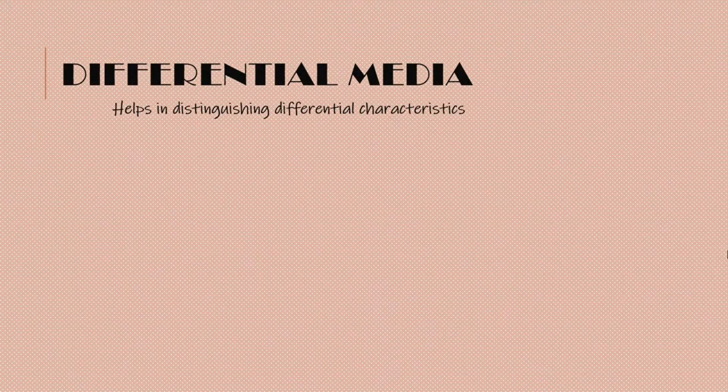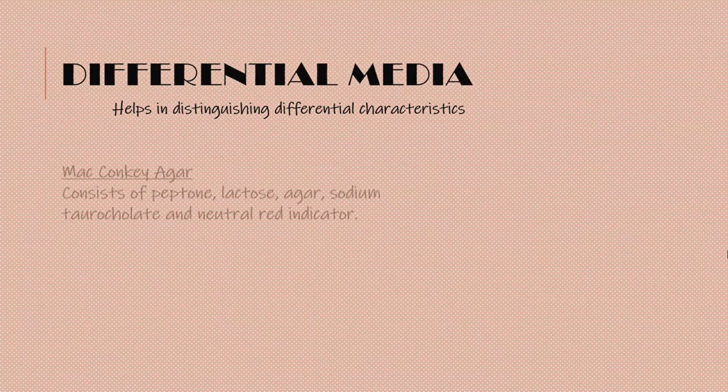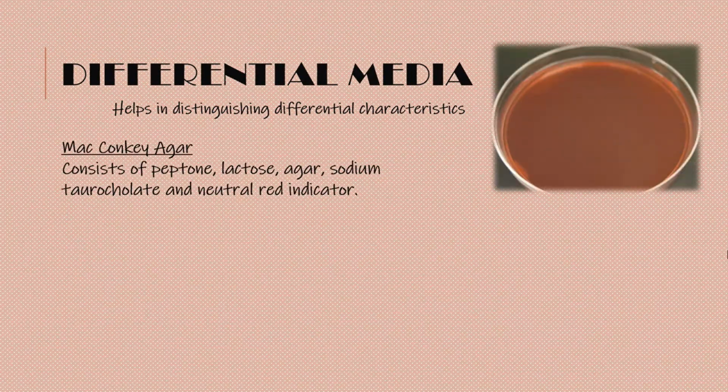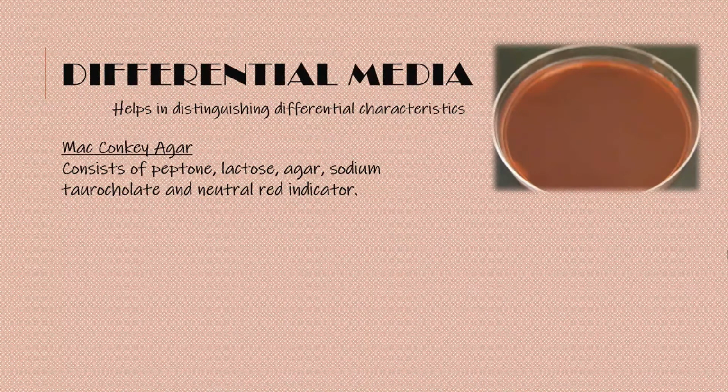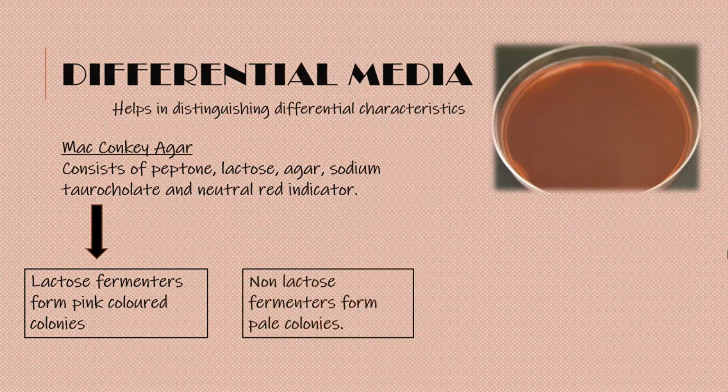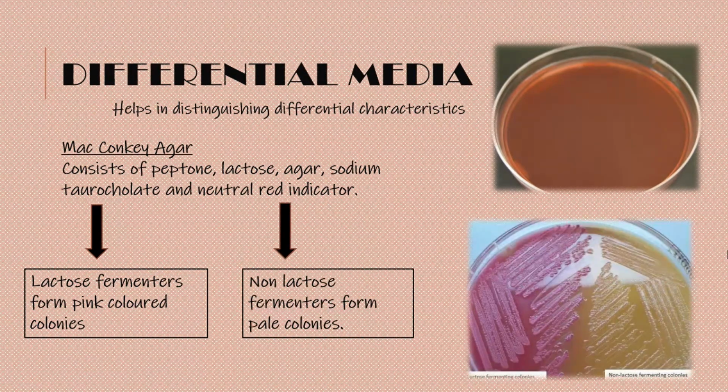The differential media. It helps in distinguishing differential characteristics. Examples include the McConkey agar, which consists of peptone, lactose, agar, sodium taurocholate, and neutral red indicator. The lactose fermenters on the McConkey agar form pink-colored colonies, whereas the non-lactose fermenters form pale colonies.